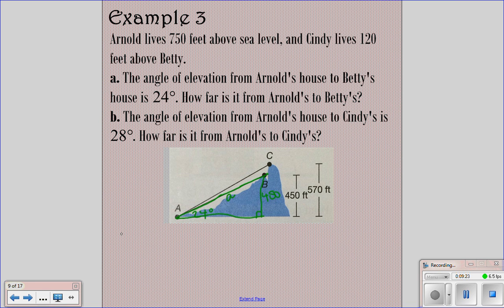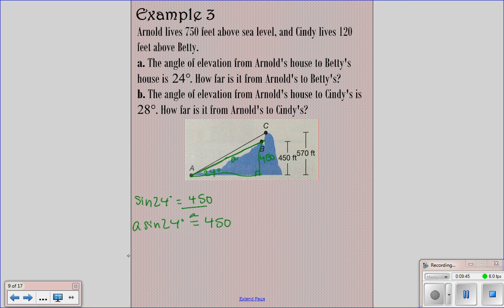So the sine of 24 equals 450 over A. So multiply both sides by A, and you have A sine of 24 equals 450. And so if you want to solve for A, you're going to divide by the sine of 24. So A equals 450 over the sine of 24 degrees.